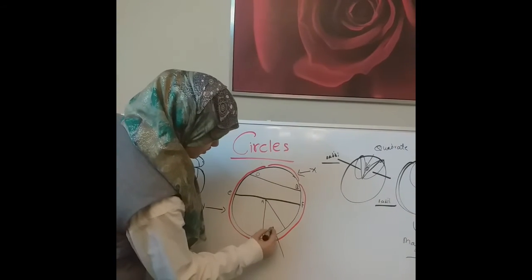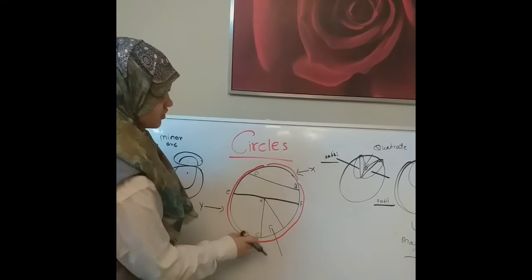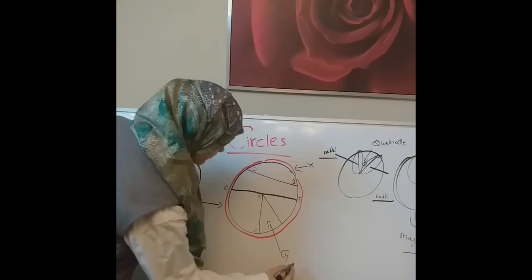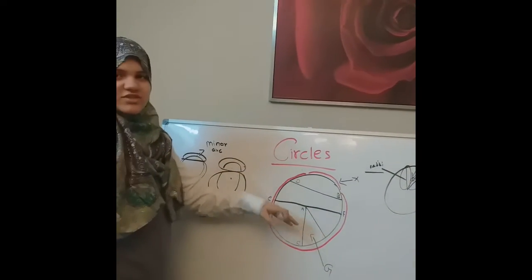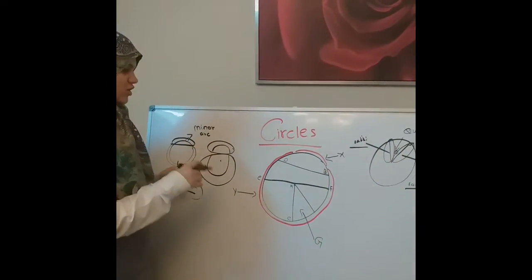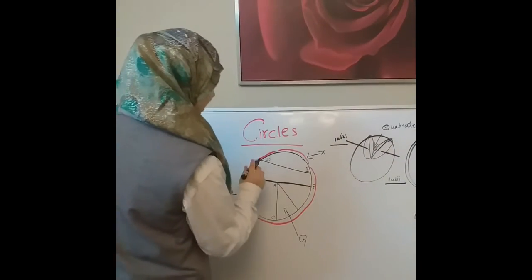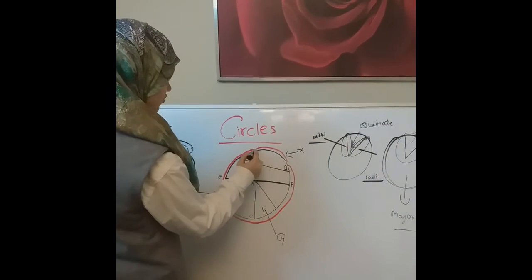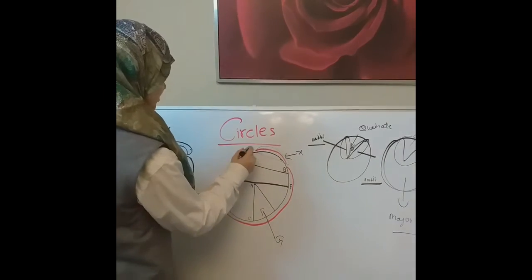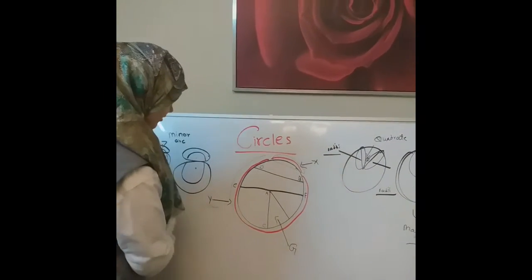And here also we'll take G. So we name all of them, okay? We will make X here. What is the name for X? What is the name for Y?